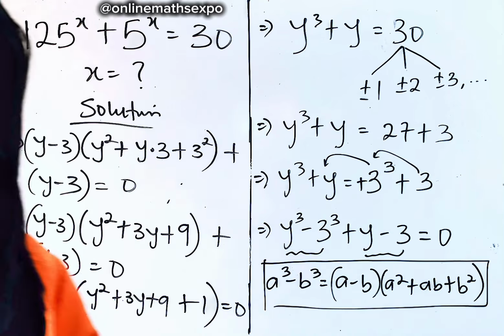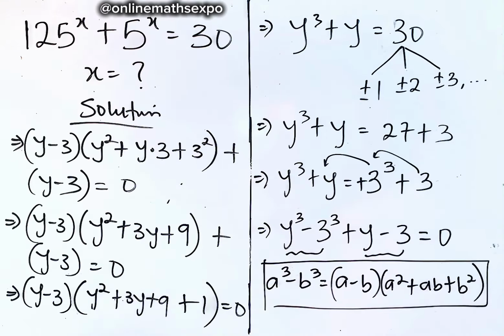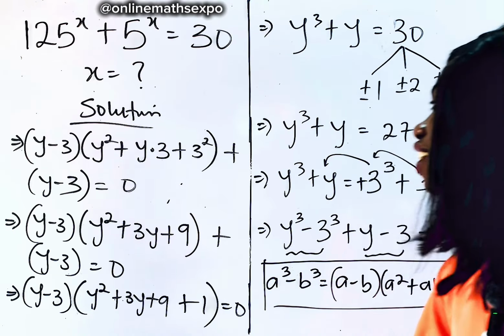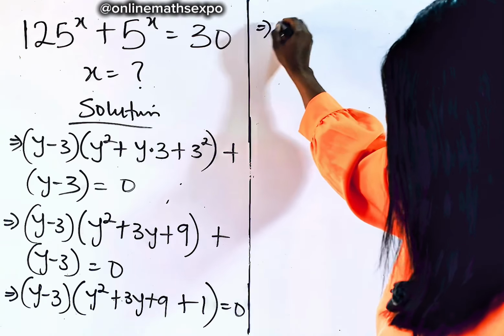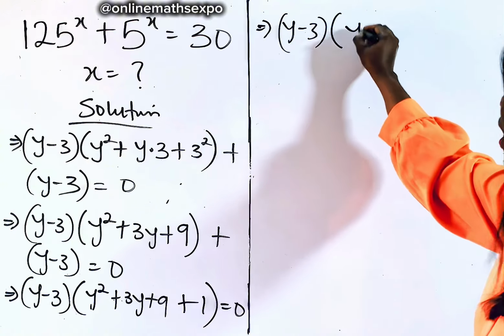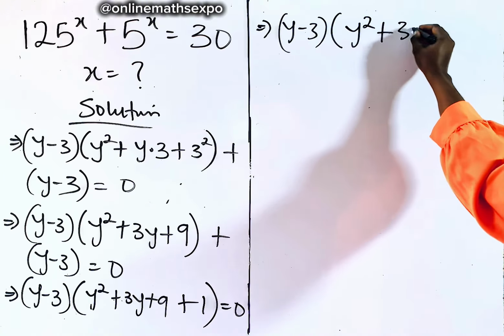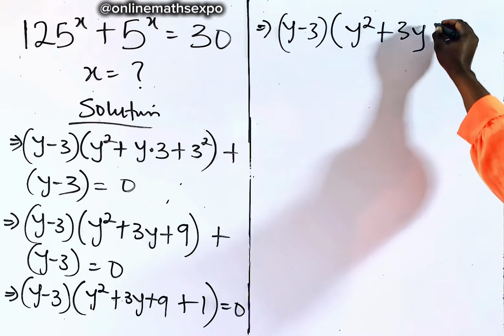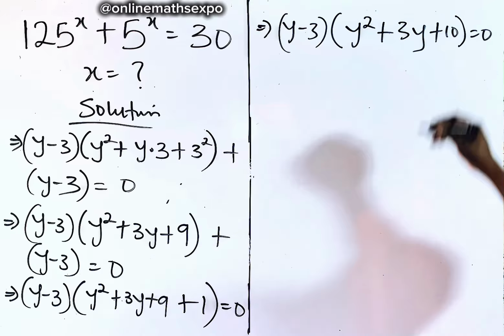It's interesting, right? So let's keep doing this, and I hope you've already given us a like. So keep solving. This gives us y minus 3 into y squared plus 3y. Add this, it gives us 10 is equal to 0.